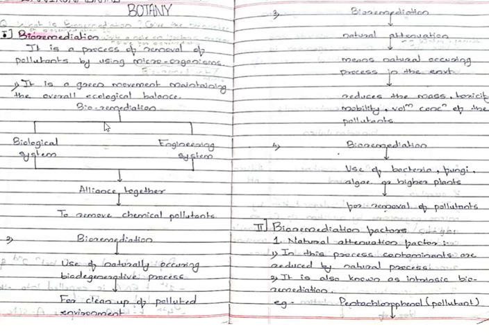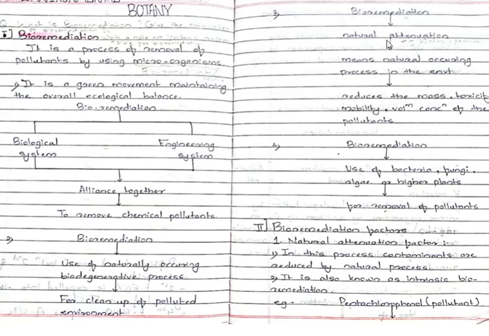So bioremediation allies a biological system as well as an engineering system, and they are helpful to remove chemical pollutants. Then the second principle is that bioremediation is a naturally occurring biodegradable process for cleanup of polluted environments. This process is naturally occurring in environments and can clean up the pollutants from the environments.